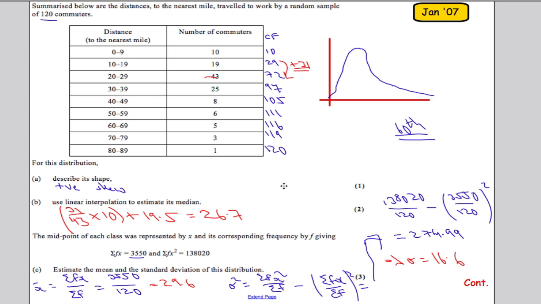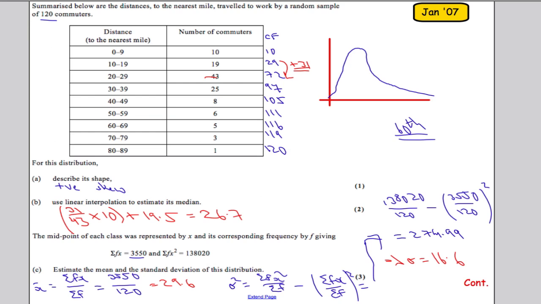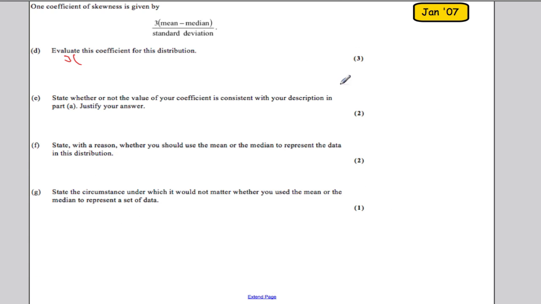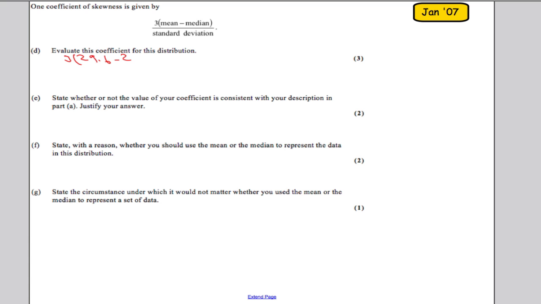Okay, let's move on to the next part of this question. One coefficient of skewness is given by this. Evaluate this coefficient for this distribution. So, 3 times the mean, 29.6, minus the median, which is 26.7, all over the standard deviation, which is 16.6.